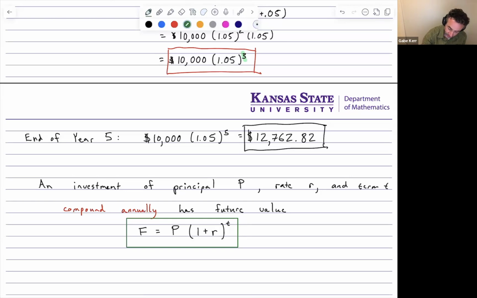And I guess I should probably say compounded annually. Those words are important, not only that it's compounded, but that the period of compounding is every year. So we will see in the next lecture what to do if we compound every month or every quarter. We'll see how to handle that.